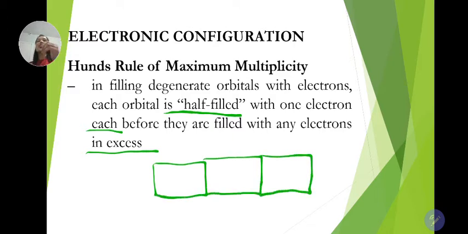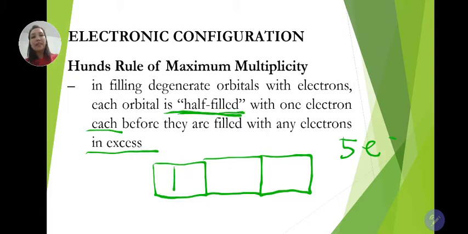So, according to the Hund's rule of maximum multiplicity, half-filled muna natin siya. For example, we have 5 electrons na ilalagay natin sa p orbital na to.